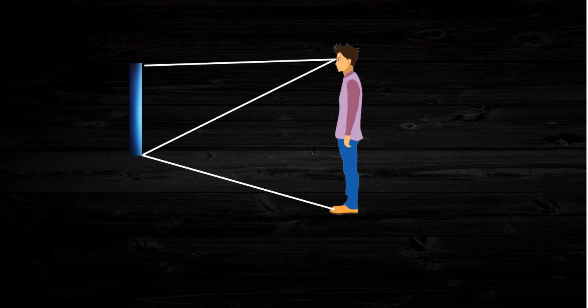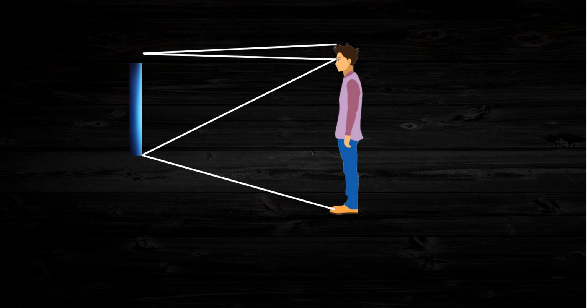Alright. Now let us say we adjust the mirror in such a manner that he is able to see his own complete image. In that particular case, the observer will be able to see his feet, as well as the top of his head.